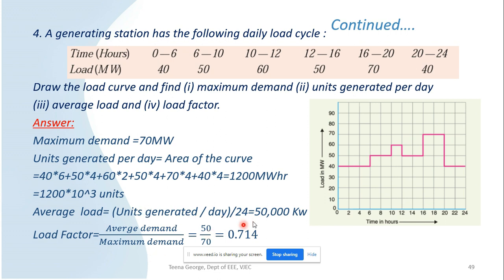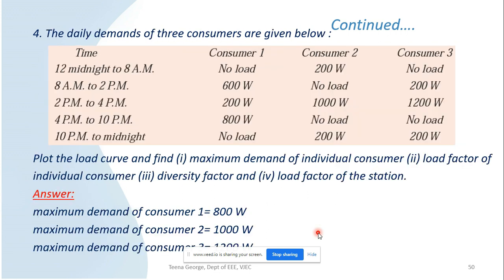Average demand we found as 50,000 kilowatt or 50 megawatt. Average load and average demand are the same. So 50 by maximum demand 70, that is 50 by 70, which is 0.714.